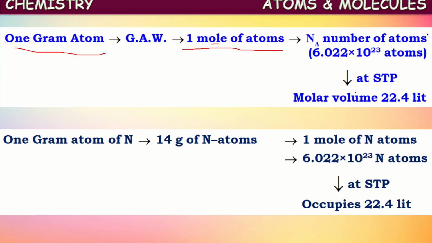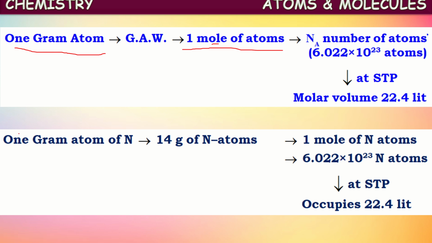That volume is called molar volume. Simply, 1 mole of substance at STP occupies 22.4 liters. The volume occupied by a mole of a substance at standard temperature and pressure is called molar volume. That is 22.4 liters.